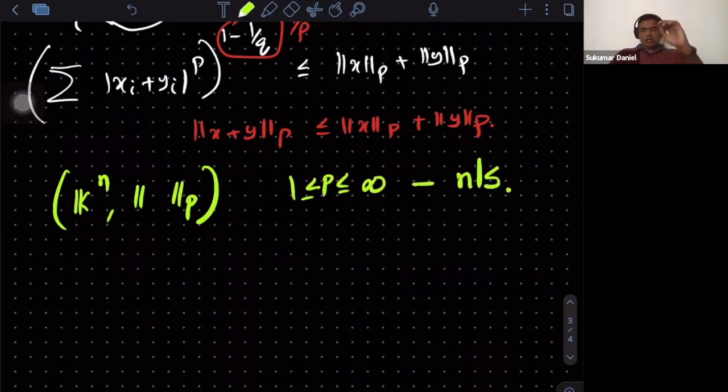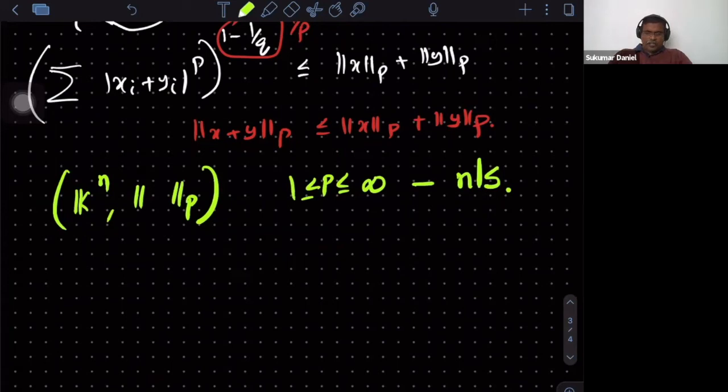So these are a number of normed spaces. Remember, p could be anything between 1 and infinity, and don't always think that p's are only integers. p could be root 2 also. So we got at least infinitely many normed spaces on the same space. So on the same vector space, you can define infinitely many different norms.